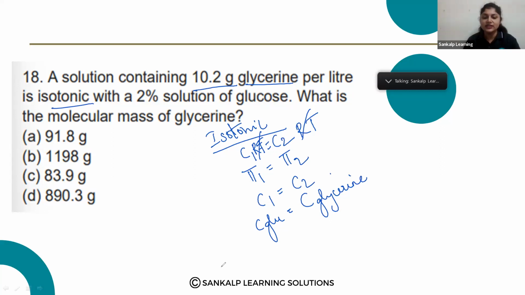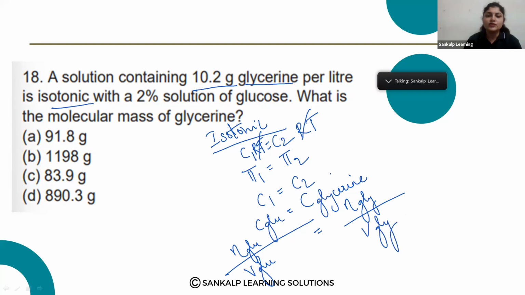Now concentration is given as number of moles of glucose divided by volume of glucose. So I'll just write it here. Concentration of glucose equals concentration of glycerine.